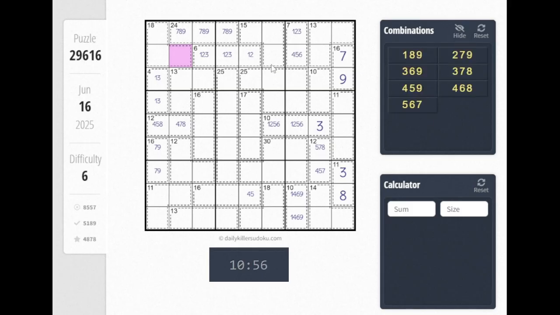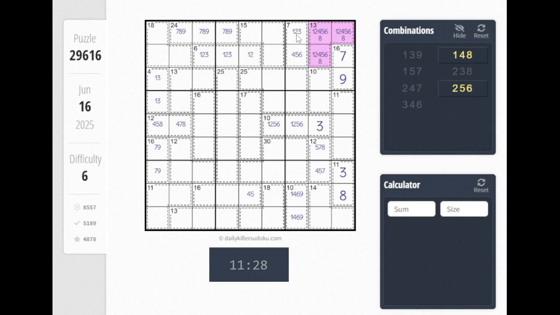Okay, so now we should at least look at this. So we know no 7s. Yeah, see, that's annoying, because none of these actually stop anything.